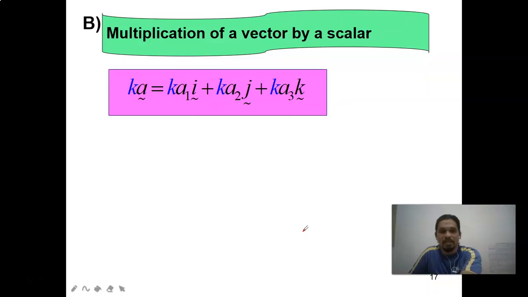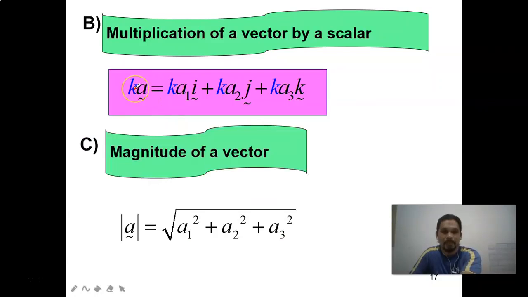Multiplication of a vector by a scalar. So we multiply the vector A by k. Let's say I'm given here the vector A equals 3i minus 2j plus k.